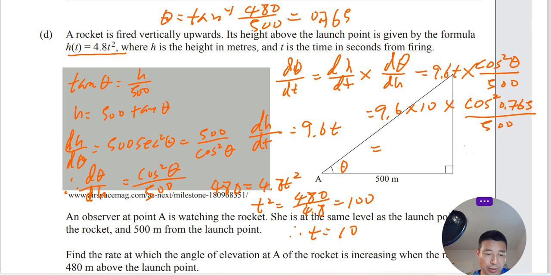I'm going to calculate cos 0.765 first. I've got 0.72 something, and then I square it, and then I divide by 500 times by 96, isn't it? So I've got 0.09999, so approximately 0.1.